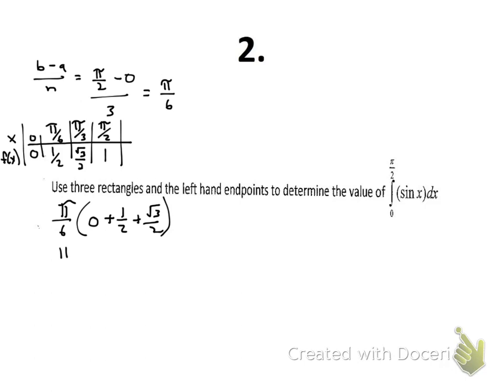So pi over 6 times 1 plus square root of 3 over 2, and then I could take that times pi. That's okay that way. Let's grab our calculators and let's get an estimated answer.